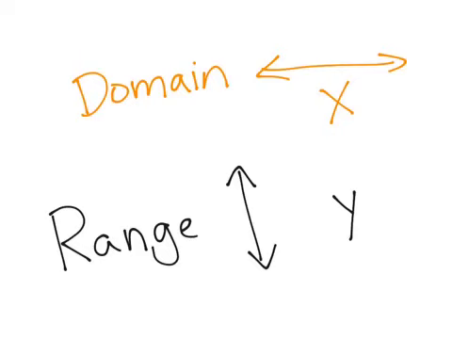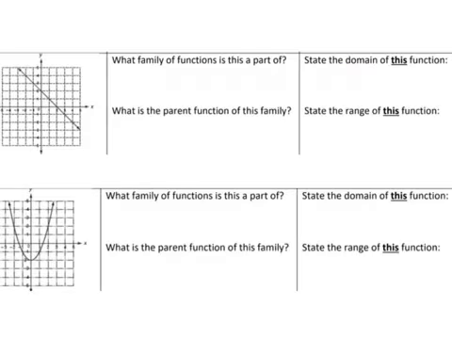And then as far as the range, that has to do with how far a function goes up and down. And then we can use y values to explain that. So domain has to do with left and right, range has to do with up and down.